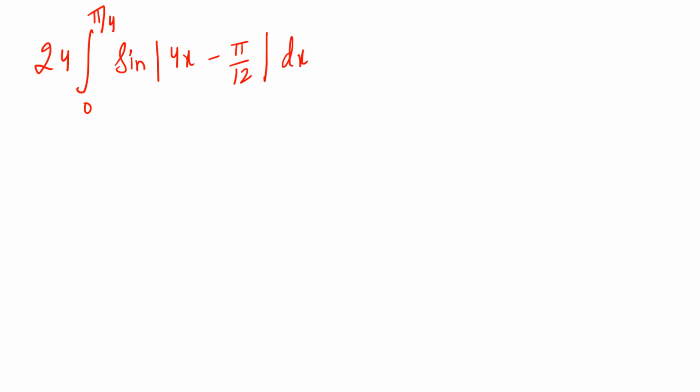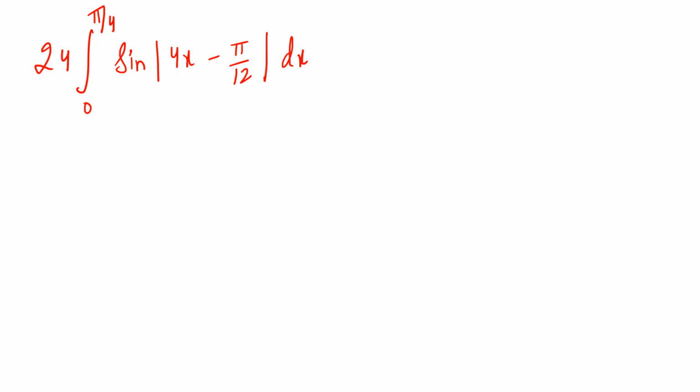Now students, the first integral is 24 times the integral from 0 to pi by 4 of sine of mod of (4x minus pi upon 12). It is very much clear from the previous discussion that we have to break this integral at x equal to pi upon 48, because when x is greater than 0 and less than pi upon 48, then sine of mod of (4x minus pi upon 12) is equal to minus sine of (4x minus pi upon 12).